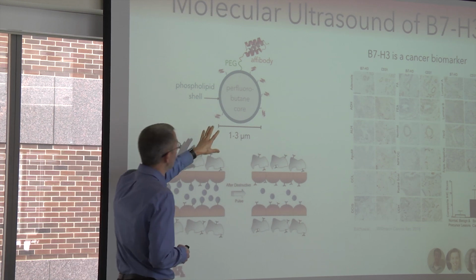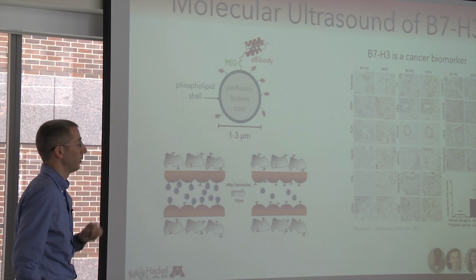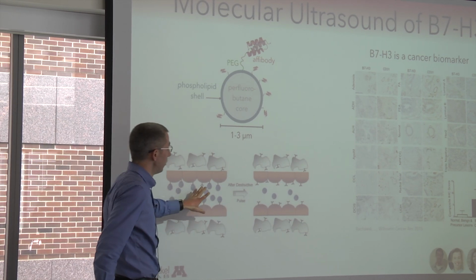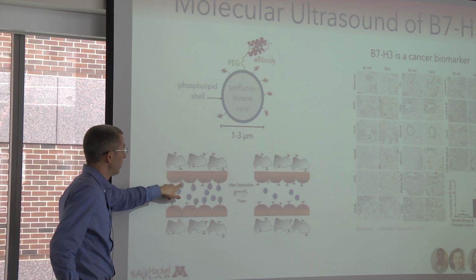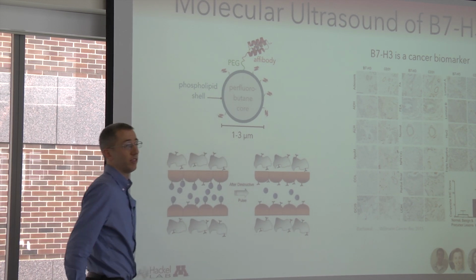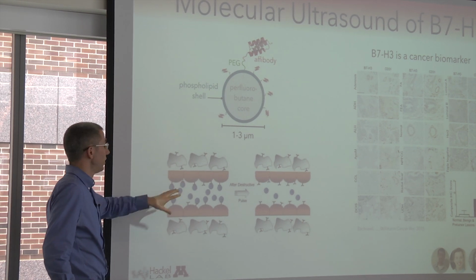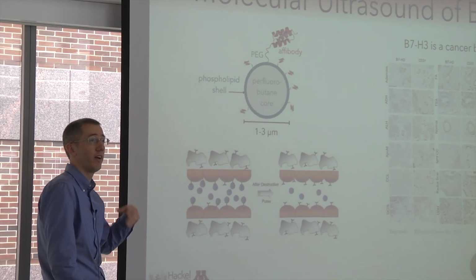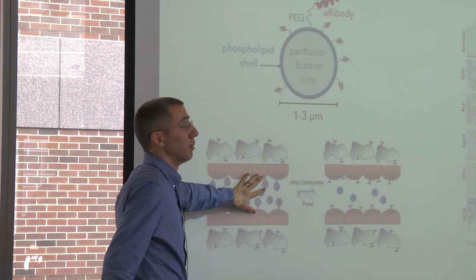And so you can engineer this entity, administer it into the patient, or for now in mouse models of cancer. And what you'd expect is these molecules floating throughout the bloodstream. But in the presence of the biomarker, many of them will now be bound to those particular cells and tissues. And so you'll have a higher concentration there. To differentiate which bubbles are bound to actual target versus which ones are just flowing through, they provide a very brief, high energy pulse to destroy all the bubbles in one region.